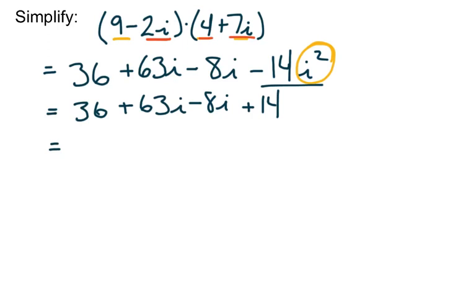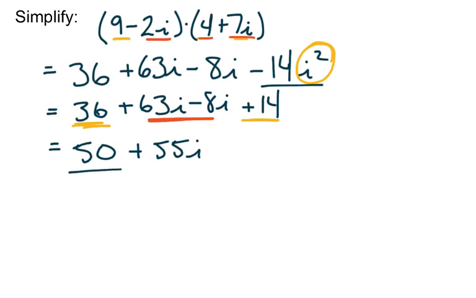Then it's just combine like terms. The first like terms I want to combine are the two real parts. 36 plus 14 is 50. Then I do the two imaginary parts in the middle. 63 minus 8 makes 55, so this is going to be plus 55i.